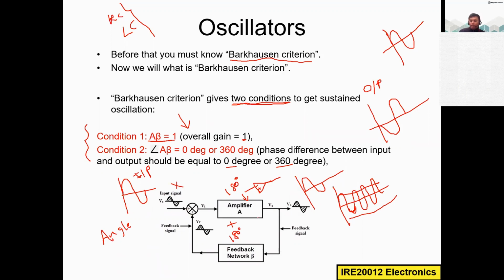How? Whenever these stages are processing the signal, of course, you have to give the power supply. If this is an operational amplifier, then you have to give plus VSAT and minus VSAT. That is the power supply. This is not the input signal. Remember, that's different.